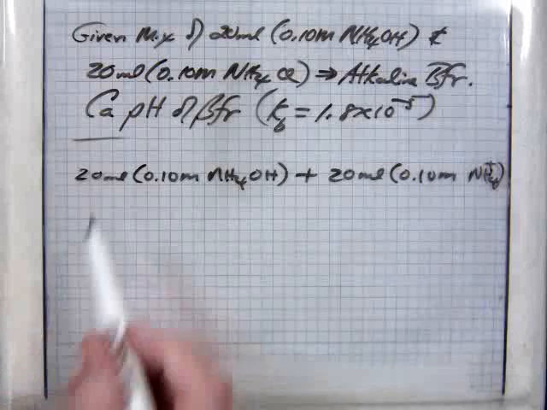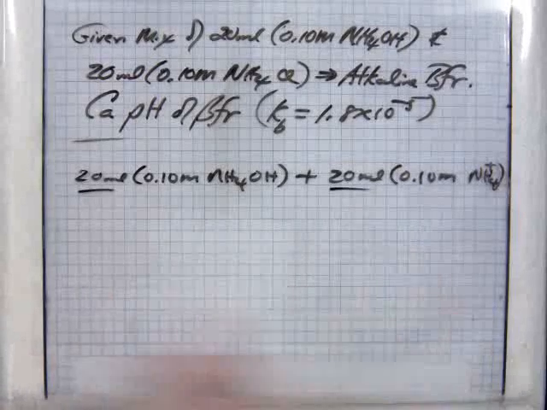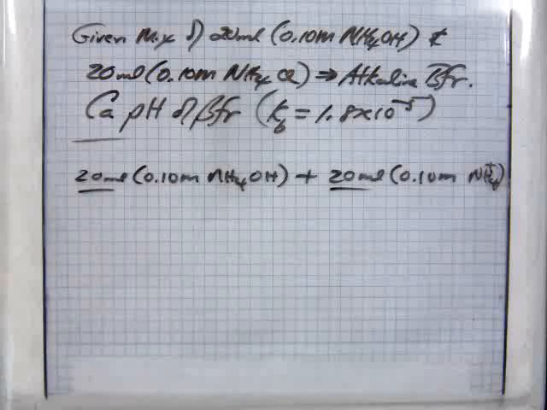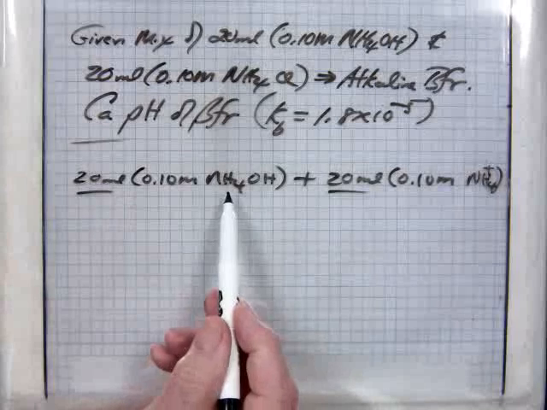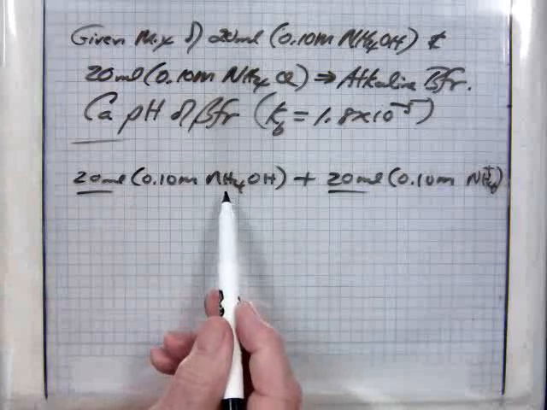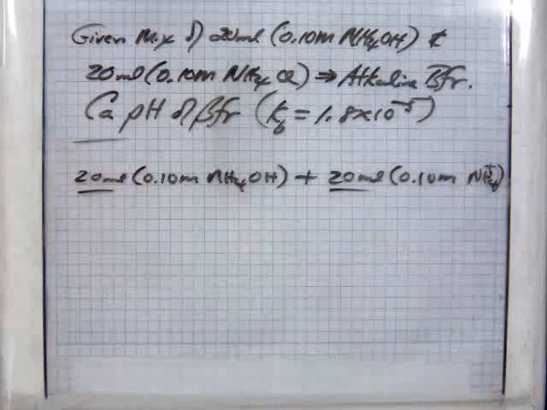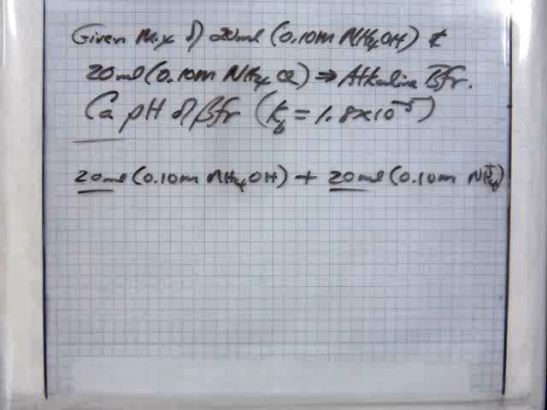So when you mix these two, what's the total volume now? 40 milliliters. So you calculate moles of the ammonium hydroxide and the moles of this, and then you divide by 40 mils in liters. And so now there's your molarity of the two solutions.